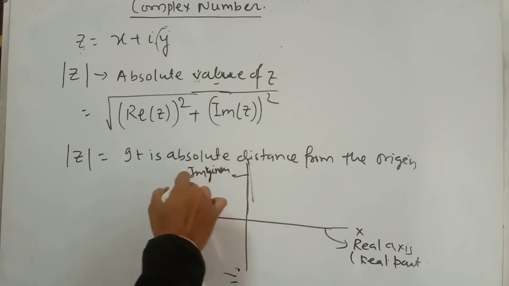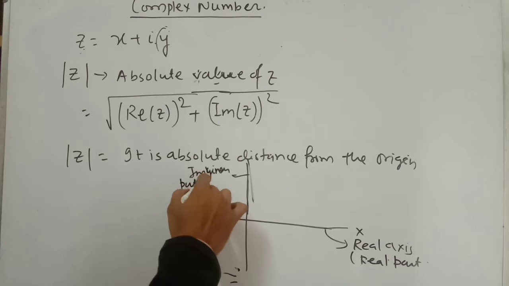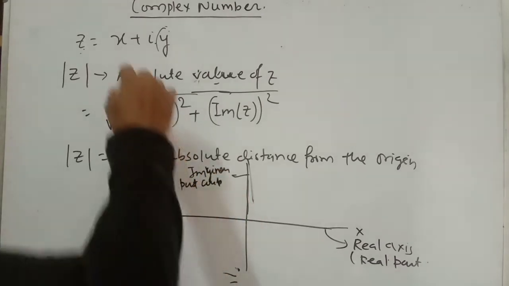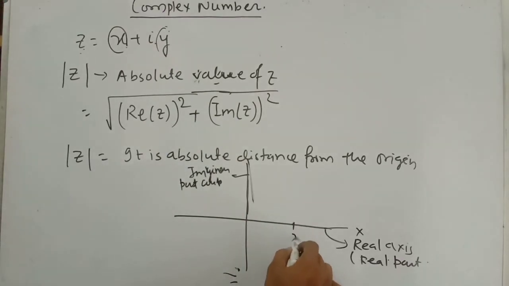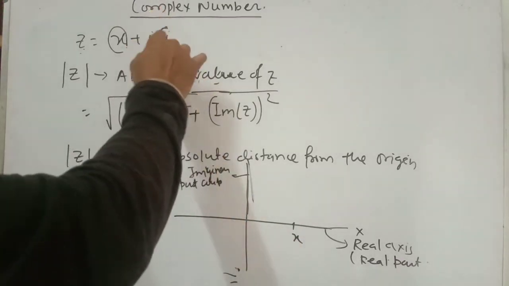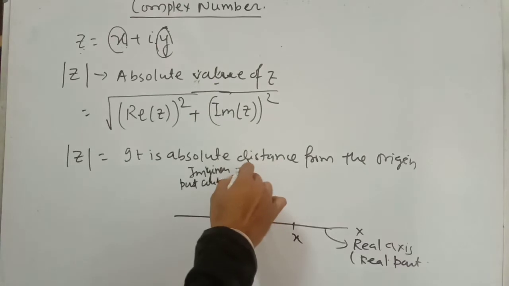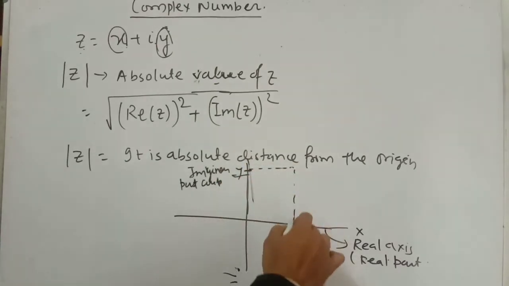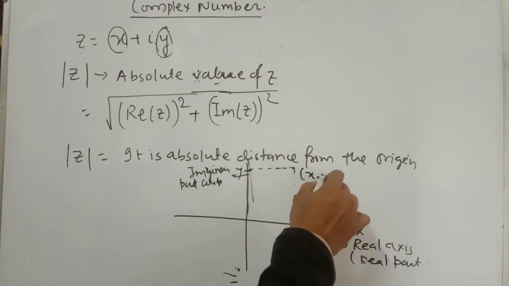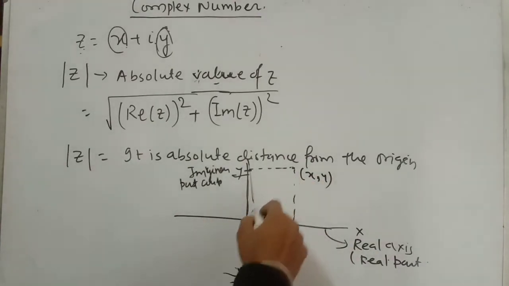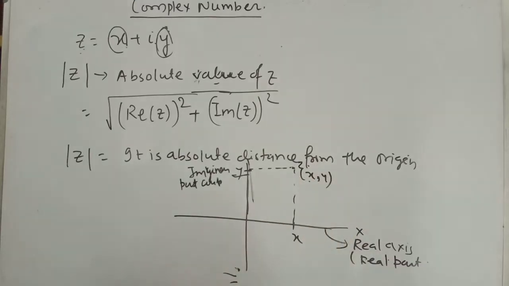The real part is x and the imaginary part is y, so this is the coordinate of the complex number. You can write this as z (x, y).